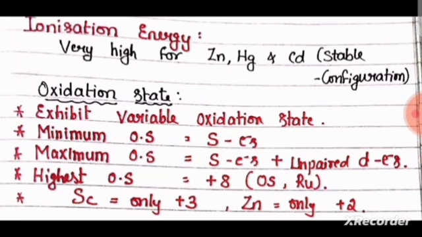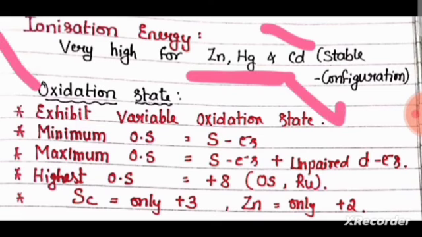Then, the ionization energy is very high in zinc, mercury and cadmium because they show stable electronic configuration. In case of oxidation state, transition elements show variable oxidation states due to the larger number of unpaired electrons. If they lose the electrons of the s orbital, they show minimum oxidation state. If they lose s orbital electrons as well as d orbital electrons, they show maximum oxidation state.